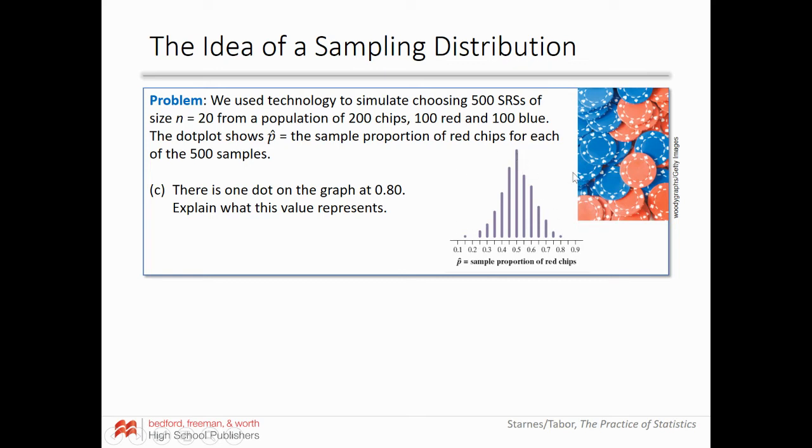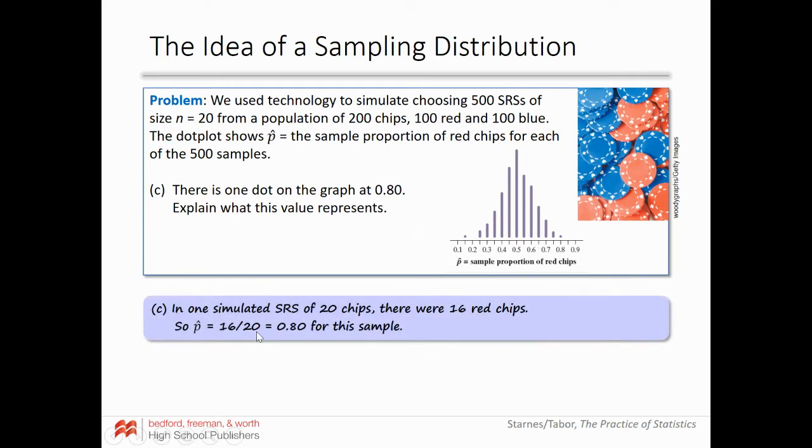We did 500, so there are 500 dots on here. Each dot is a sample proportion. There's one dot at 0.8, and that represents one simulated SRS of 20 chips where there were 16 red chips, which is 80% out of the 20. So that p-hat for one specific sample is 0.8.